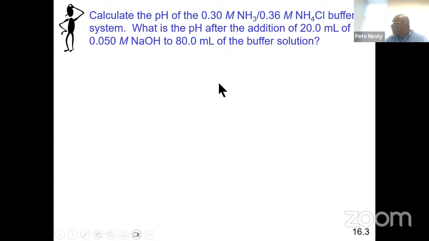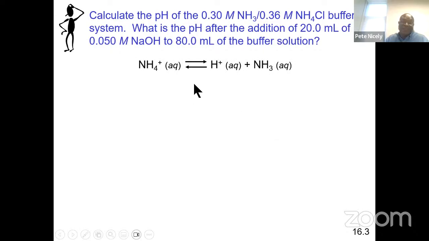The first thing I would write down, and you don't even need this to be perfectly honest, but it doesn't hurt, is the equation which shows how the ammonium is converted to the ammonia. What you really need is this equation right here, the Henderson-Hasselbalch equation for this system.